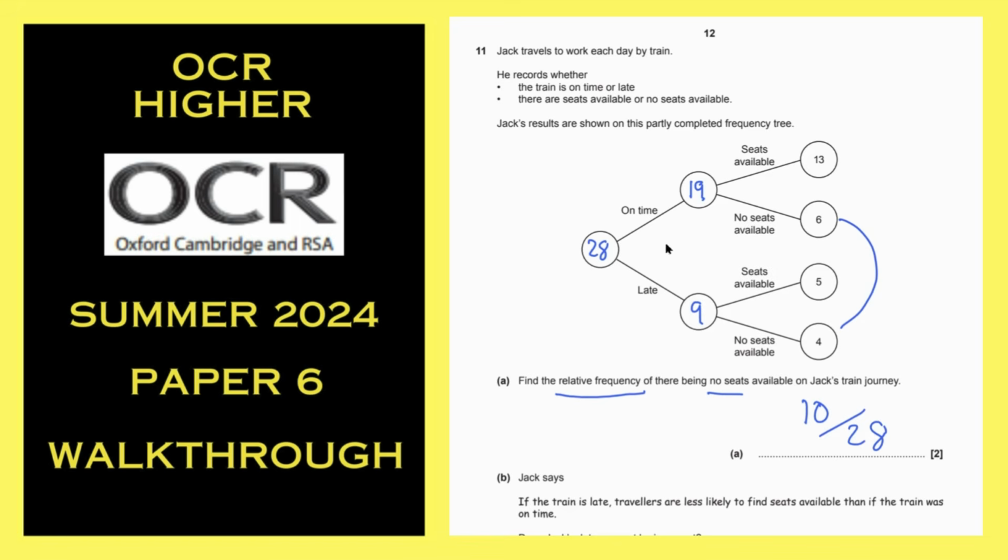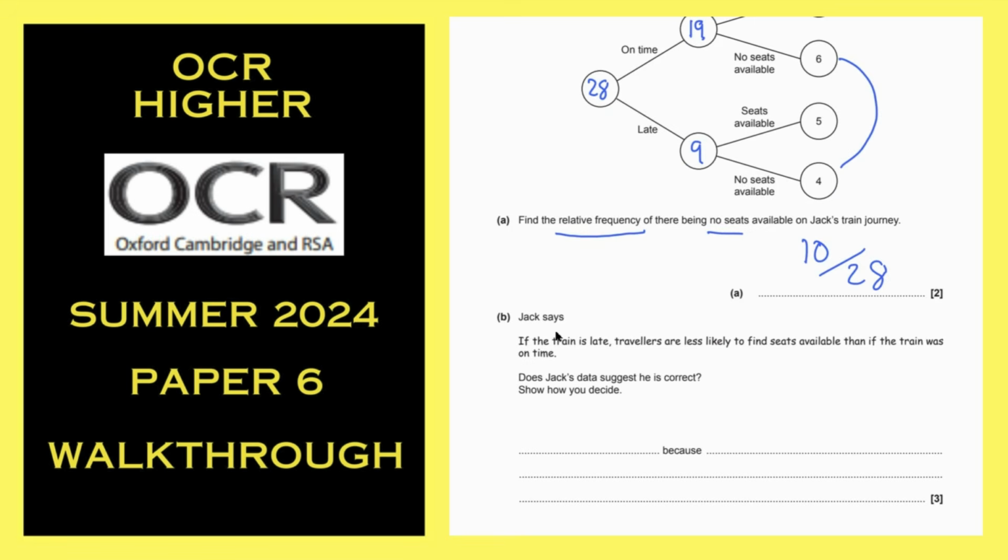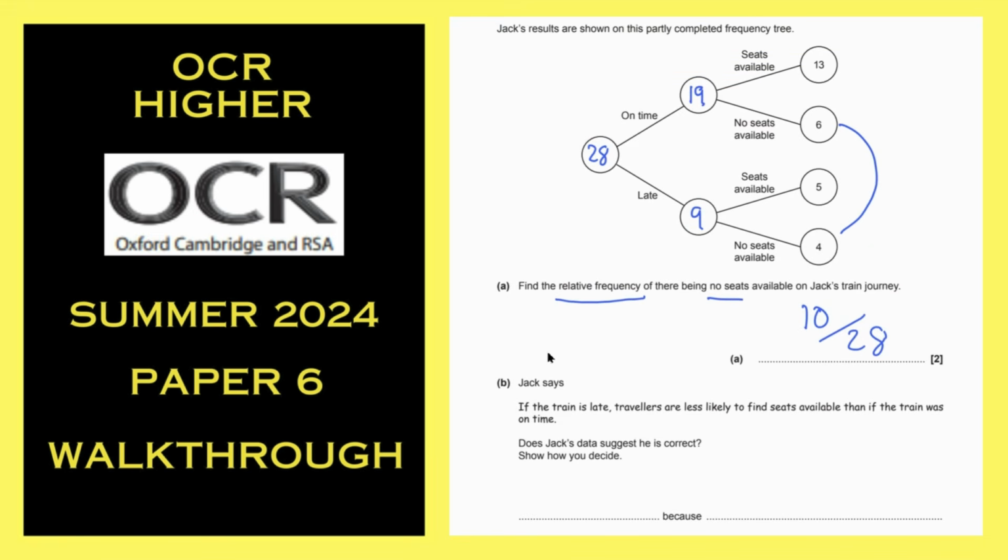Don't bother cancelling it down. Doesn't ask you to. Jack says if the train is late, travellers are less likely to find seats available. We look at the diagram. If the train is late, 5 out of 9 seats are available. That's 0.5 recurring. If it's on time, it's 13 out of 19.